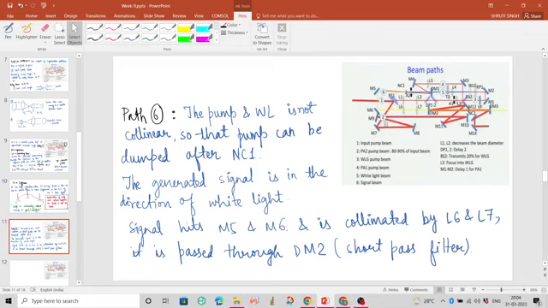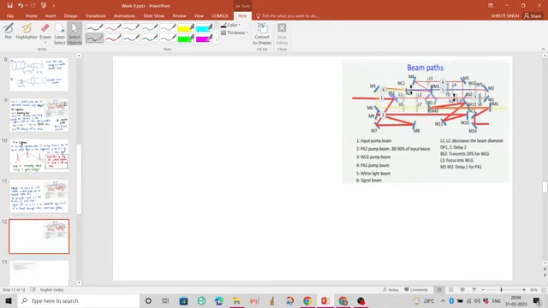So after BS1 it hits M7, then goes to M8, hits M9, then goes straight, hits M10, 11, 12, and after that it hits the dichroic mirror. So in all this process, let me write the 80% beam.